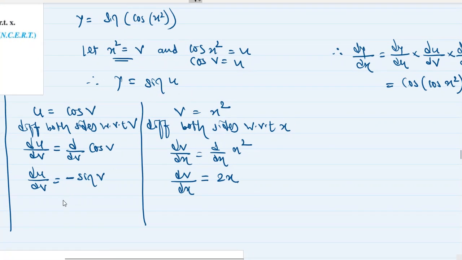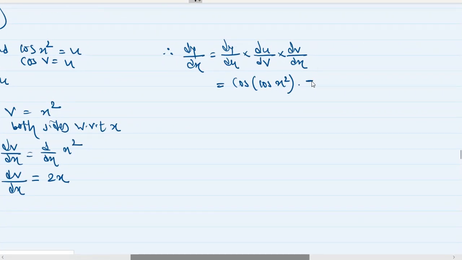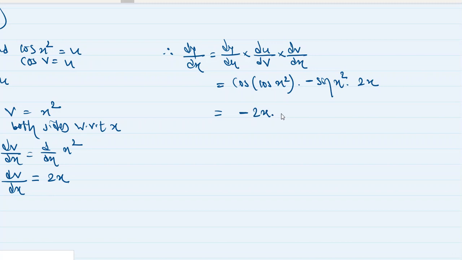See, v is equal to x square, so minus of sine x square. So here we'll get minus of sine x square multiplied by dv by dx, and dv by dx is nothing but 2x. So let me simplify this. This will become minus 2x multiplied by sine x square.